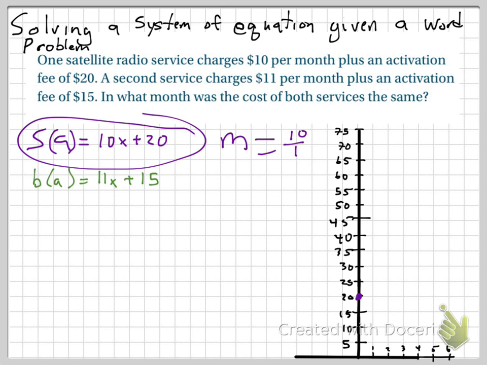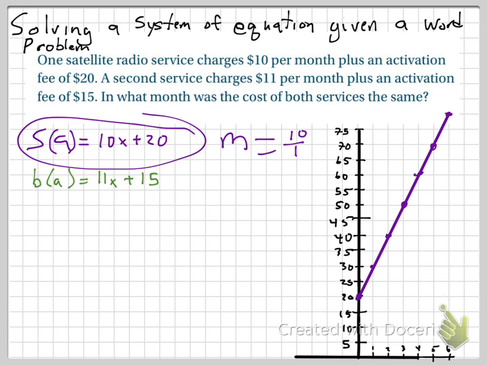So we go up 10 to 30 over 1, then 40 over 1, 50 over 1, 60 over 1, and then 70 over 1. We could go another one higher, but we don't have it there. That would be 80 over 1 more. This will create our line, starting at 0 and connecting all the way up there.